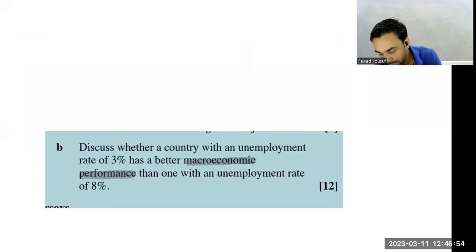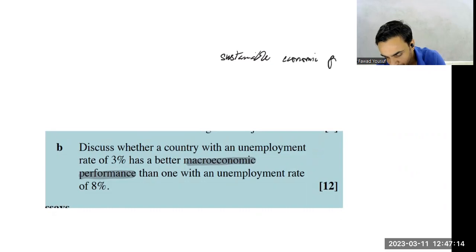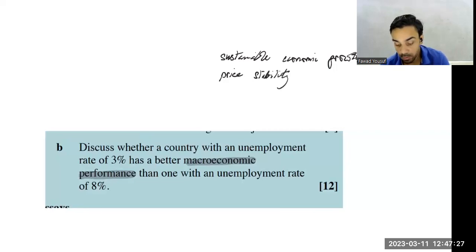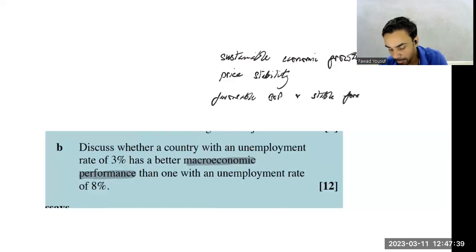So for that, before we go into anything, you need to have a clear picture of what macroeconomic performance is. For that we need to look at macroeconomic indicators. Macroeconomic indicators are about whether we have sustainable economic growth, whether we have price stability, whether we have a favorable balance of payments and stable foreign exchange, or whether we have equitable distribution of income.